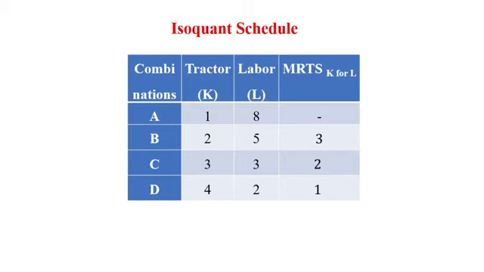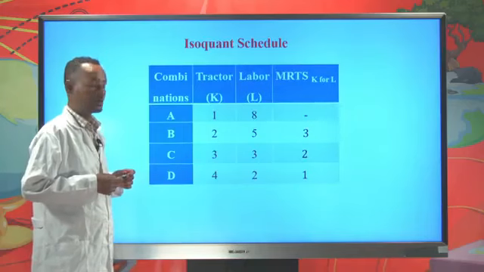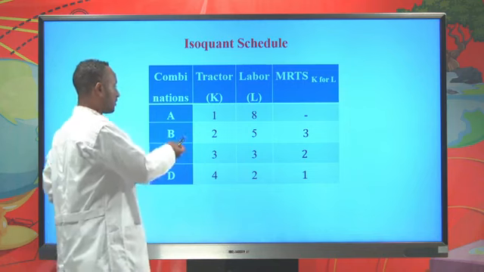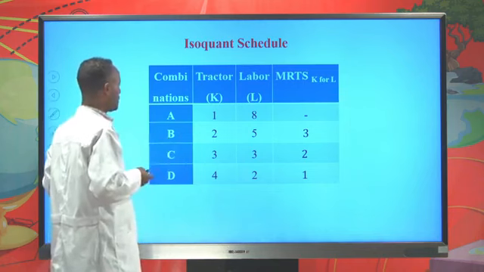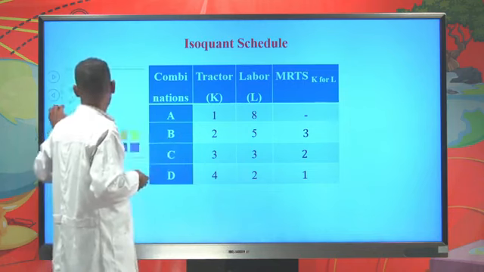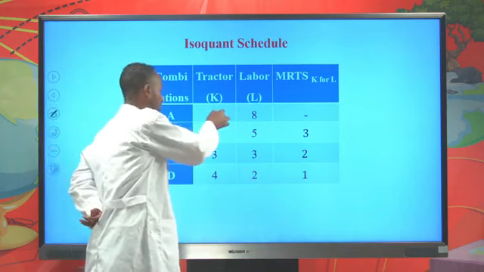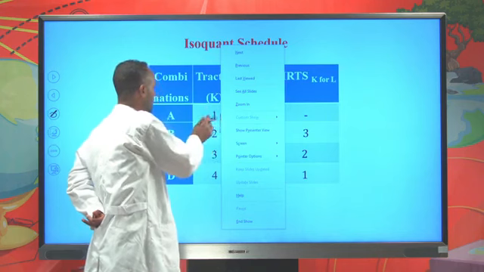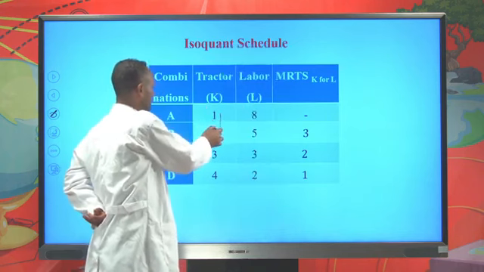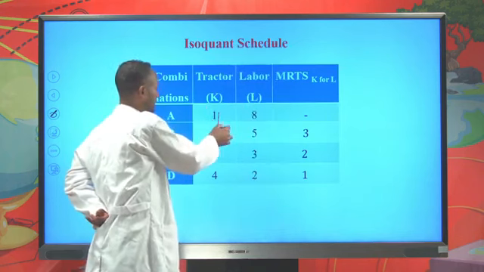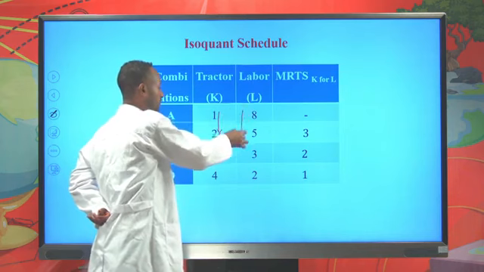So, the output that the farmer gets from the combination of one tractor and 8 labor is always equal to the output that the farmer gets from the combination of 2 tractor and 5 labor. Because as we increase employment of the variable input tractor, we are reducing the employment of the variable input labor.